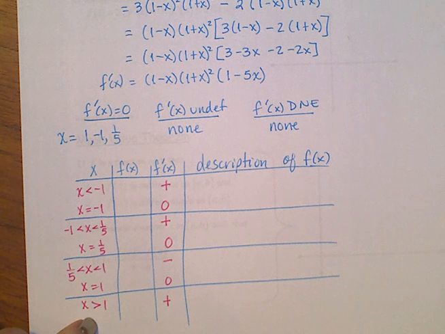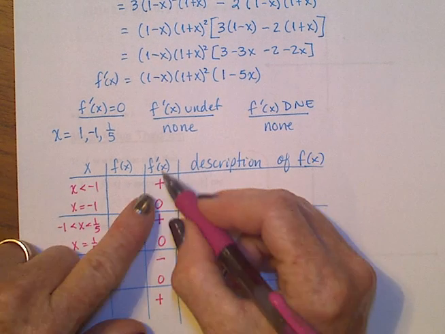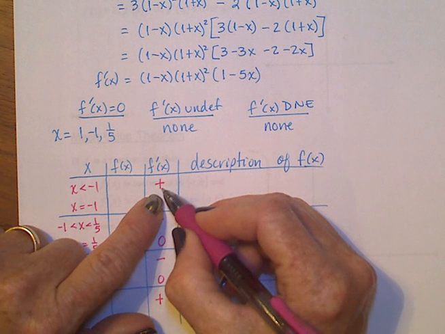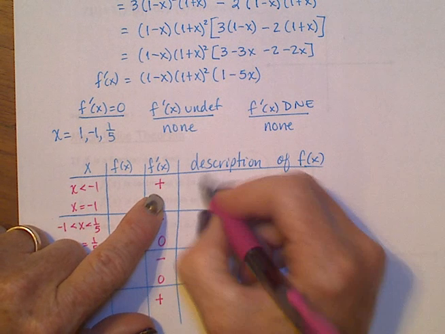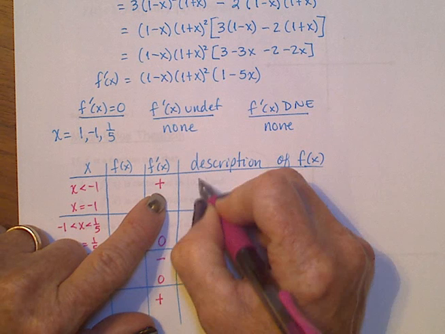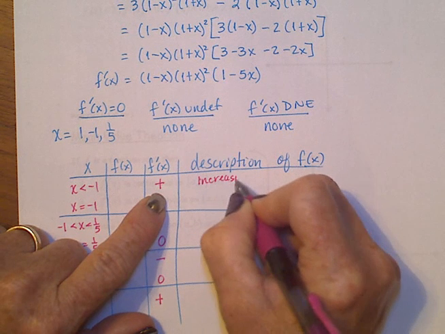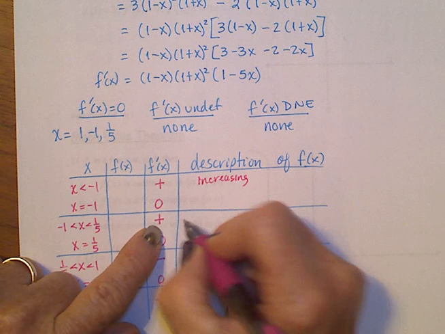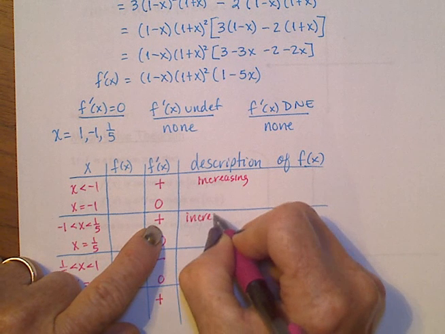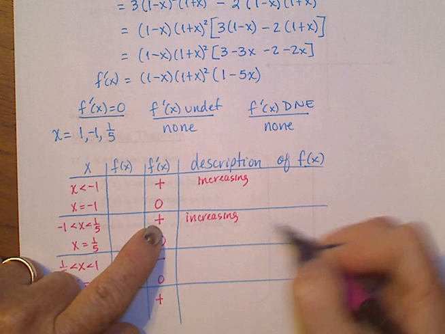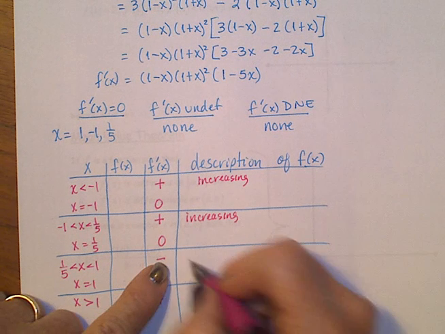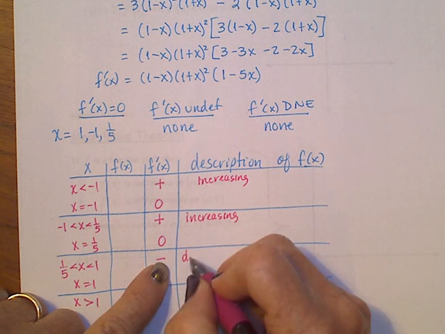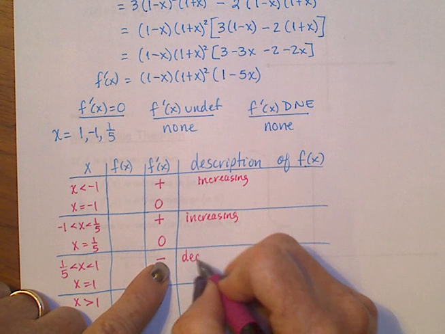All right, now for the description. If f prime of x is positive, then f of x is increasing. Decreasing, f prime negative, means f of x is decreasing.